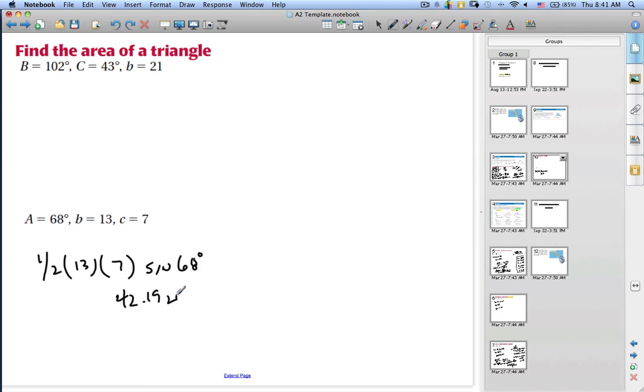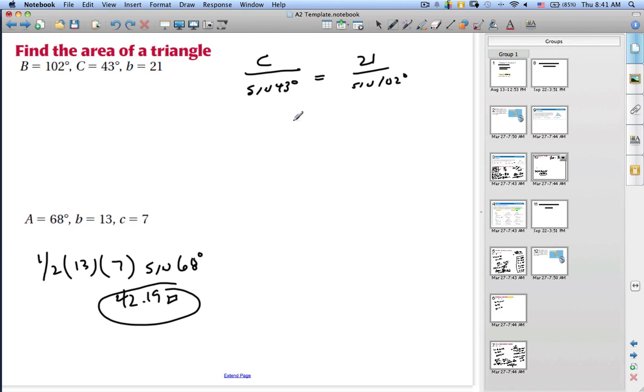This one's a little more complicated because they didn't give me 2 sides. So what would I do? Well, I can use the law of sines to find a side. I know that side C divided by the sine of 43 degrees will be equal to side B divided by the sine of 102 degrees.